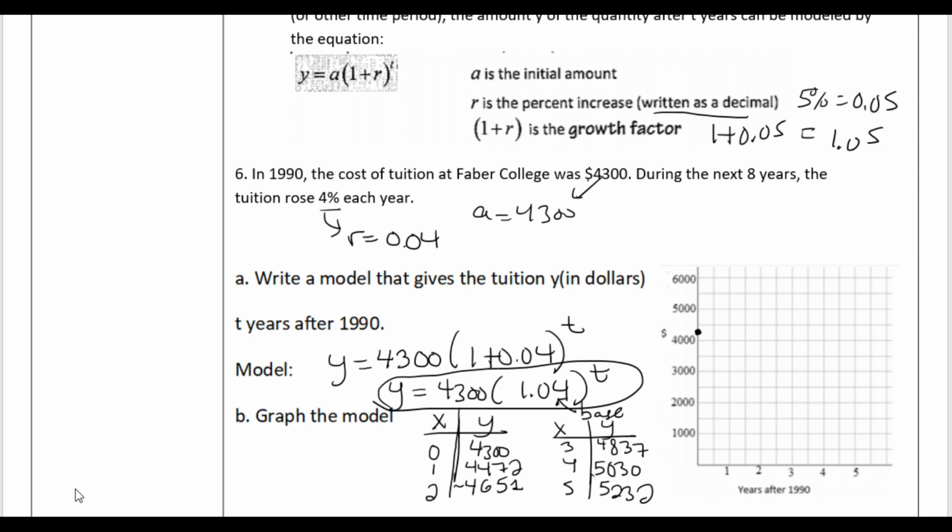All right, so there's the value. I plugged it into the calculator for all the powers. And so now we're going to graph it. For 1, we have 4,472. So that's a little bit below 4,500. For 2, we have a little bit above 4,500. Oops, this dot needs to be more to the right. For 2, yeah, it's going to be a little bit above it.